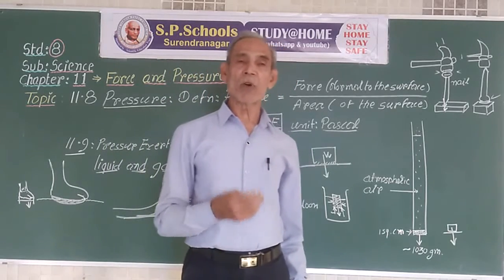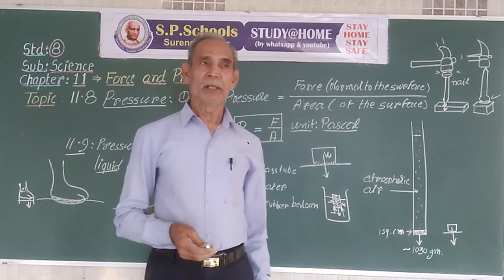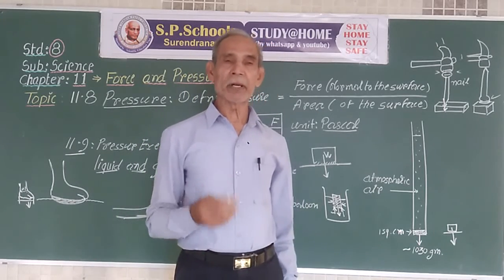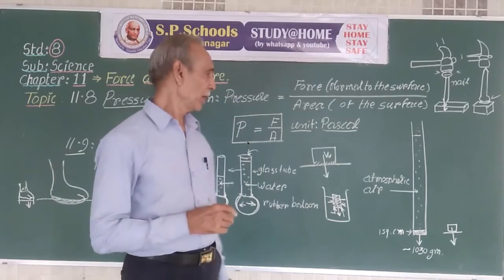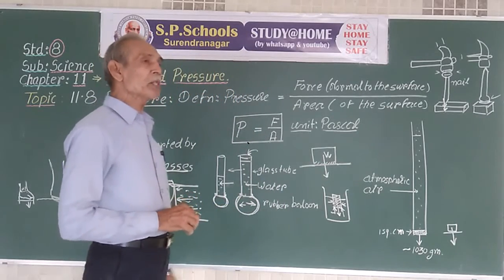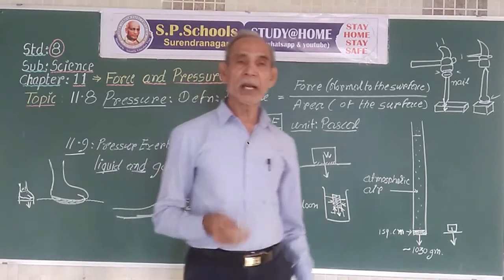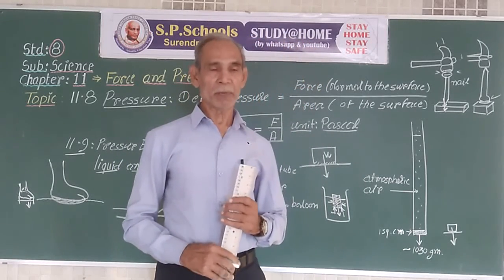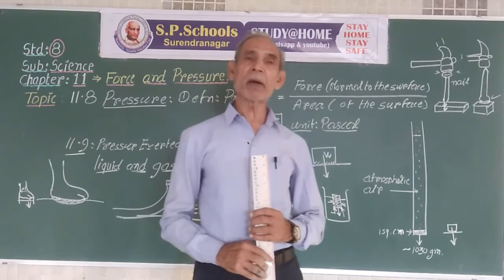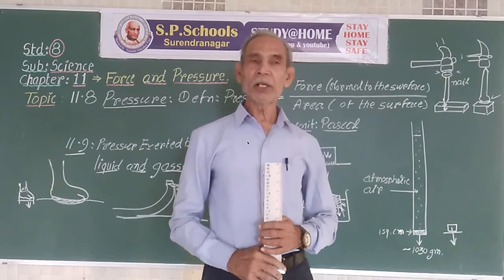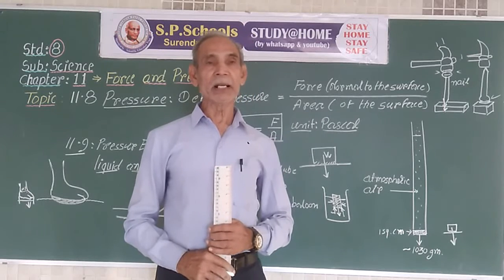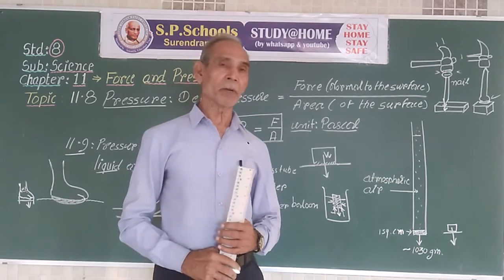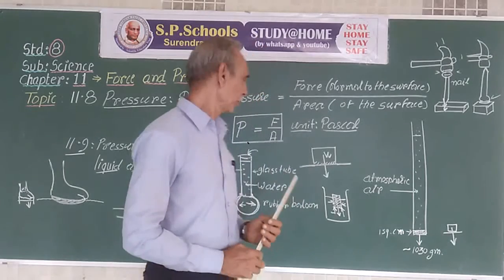For a liquid like water, the pressure is less compared to a liquid like mercury. Mercury is 13.5 times heavier than water. Therefore, the pressure exerted by mercury is also 13.5 times larger than that generated by water.